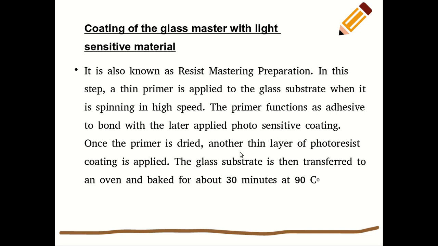Once the primer is dried and another thin layer of photoresist material is applied, it is kept in oven and baked for 30 minutes at 90 °C. Thus, a glass master converts into the photoresist master.